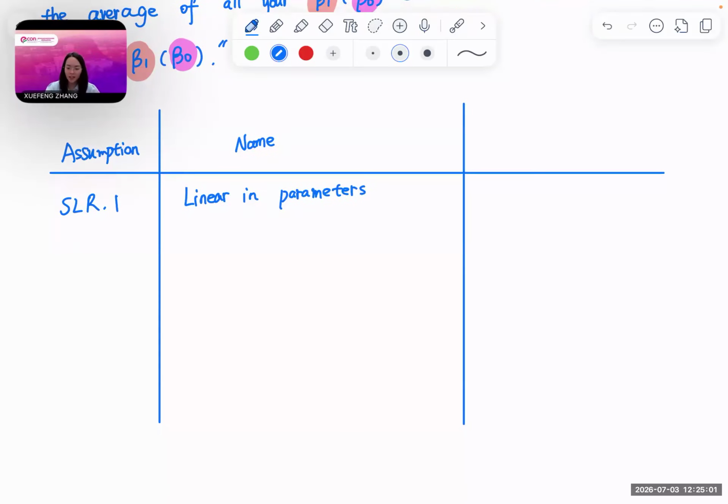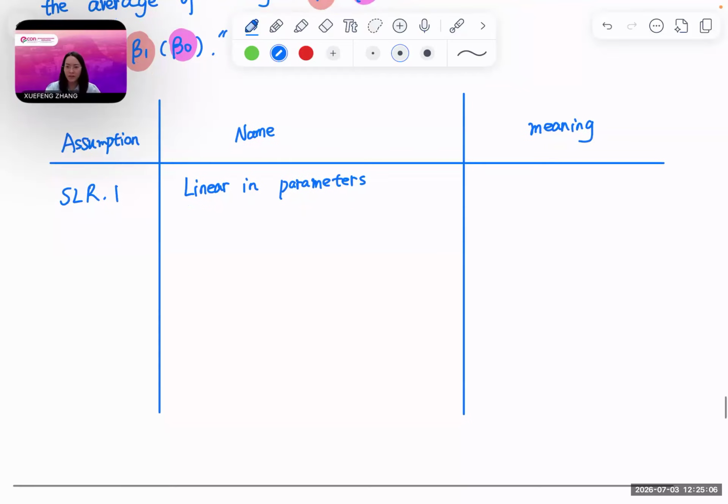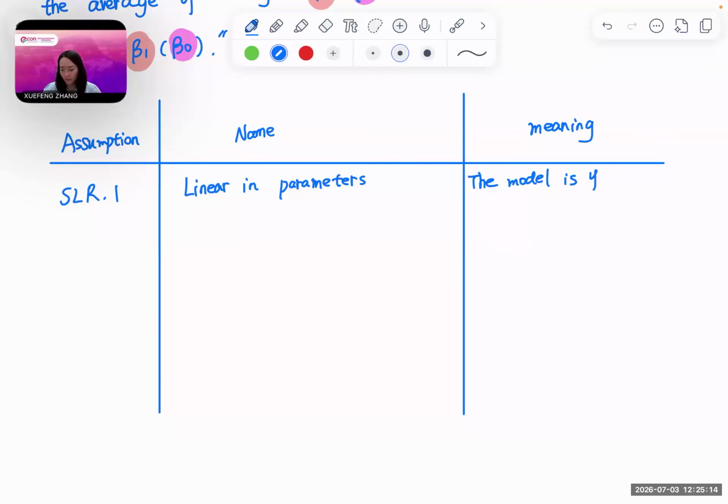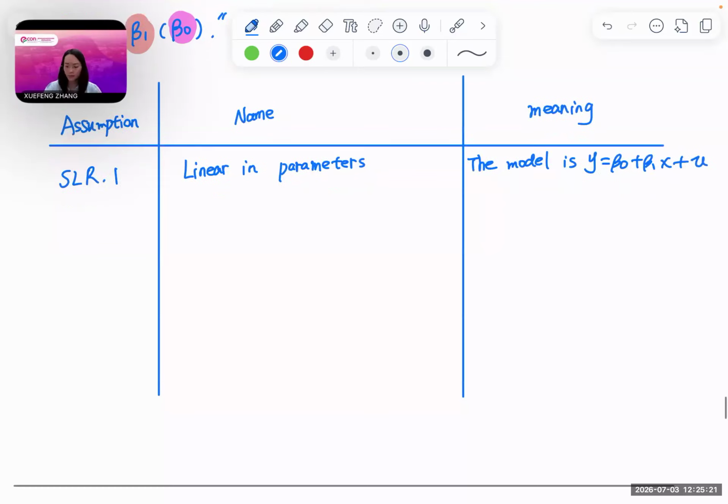In plain English, it means this model is y equal beta 0 plus beta 1 x plus mu.